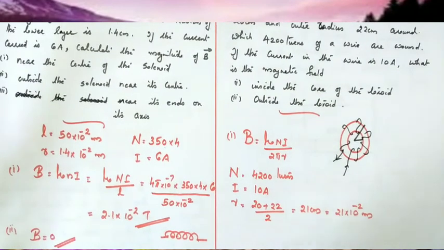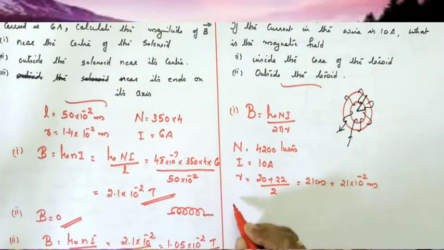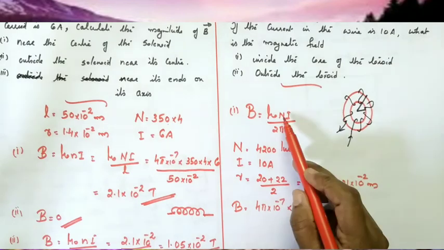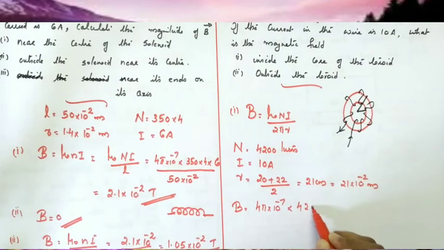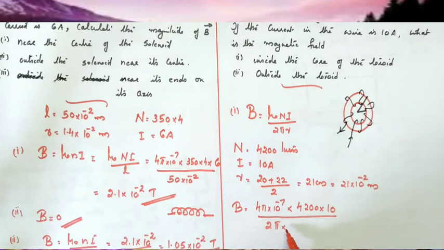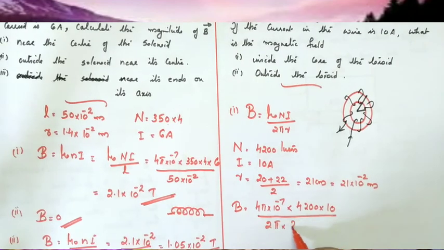Now all the values are given, we can just substitute. B equal to mu 0, 4 pi into 10 raised to minus 7, into number of turns 4200, current 10 ampere, divided by 2 pi r, where the radius is 21 into 10 raised to minus 2.